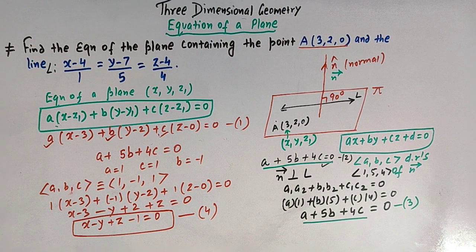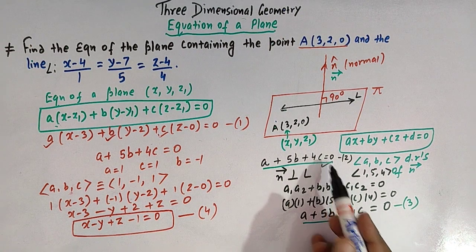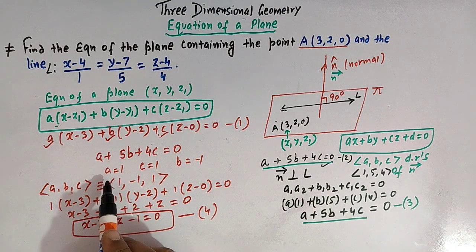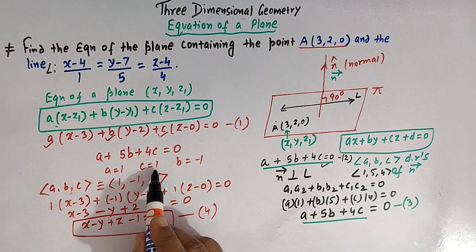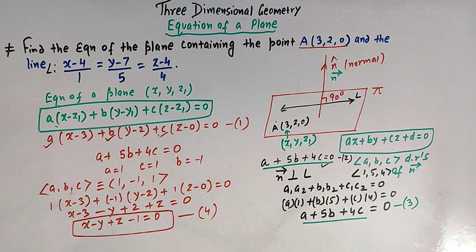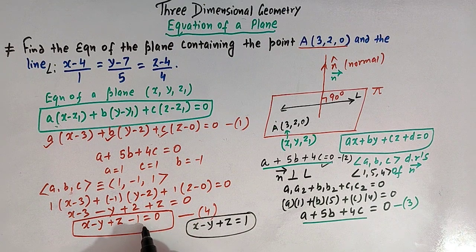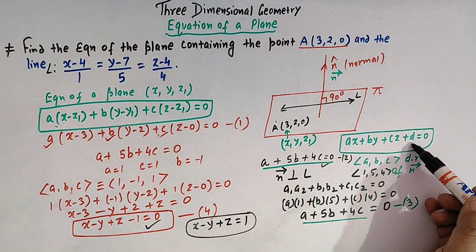So now we have seen that these two equations are satisfied by a equal to 1, b equal to minus 1, and c equal to 1, right? And the required equation of the plane is given by x minus y plus z minus 1 is equal to 0, which can also be written as x minus y plus z is equal to 1, right? This equation is of this form.